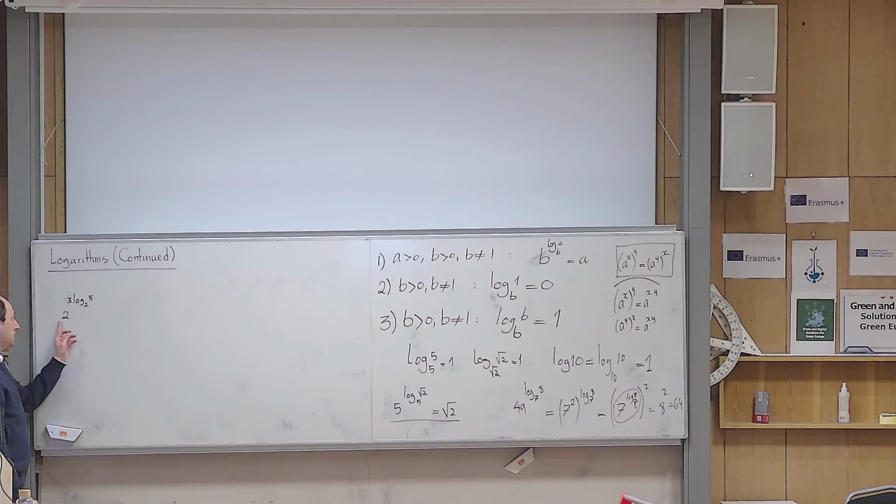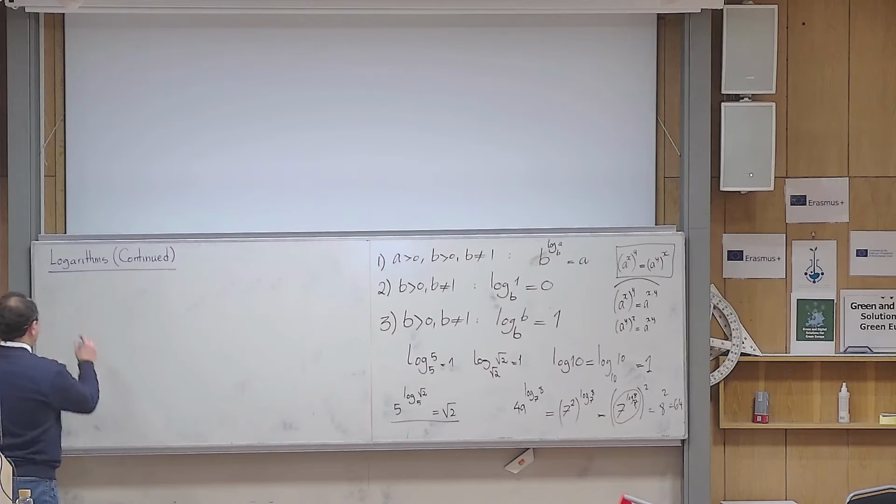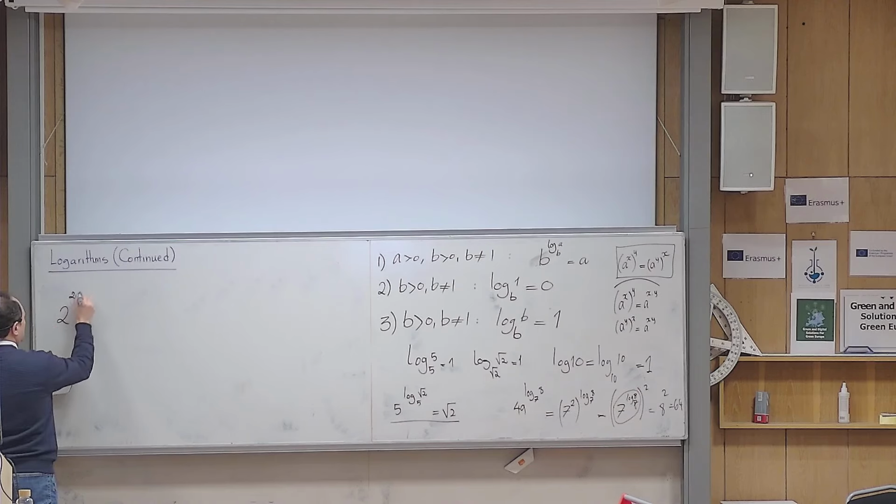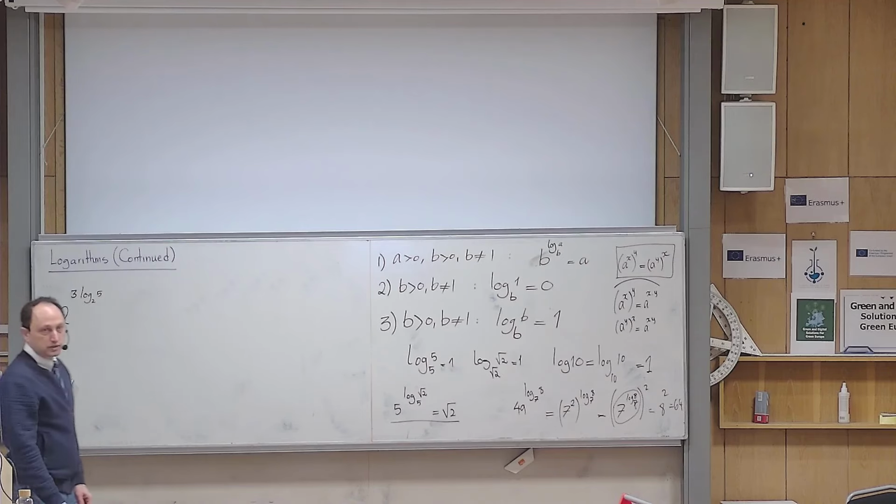Without using the calculator, find the exact value of this number. Let me write it a little bit better for you. I need to put the base a little bit bigger. What was that? That was 3, yes? Okay, so we want to find the exact value of this.